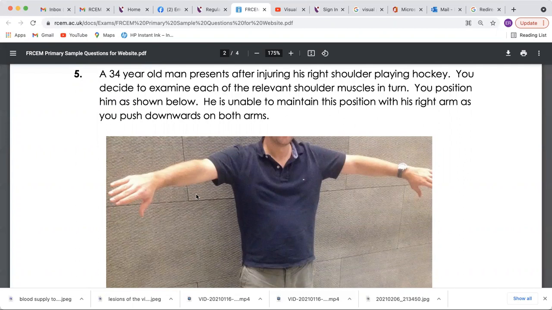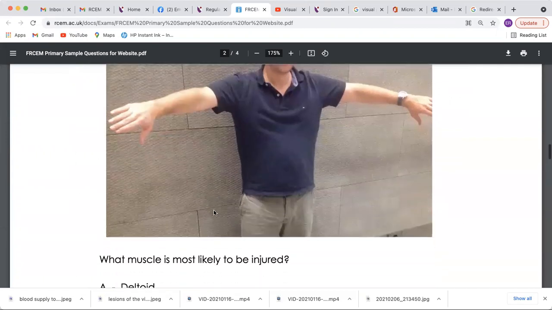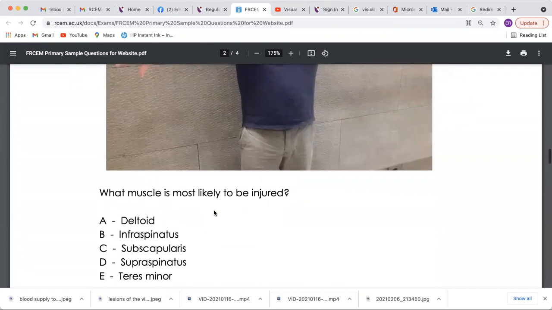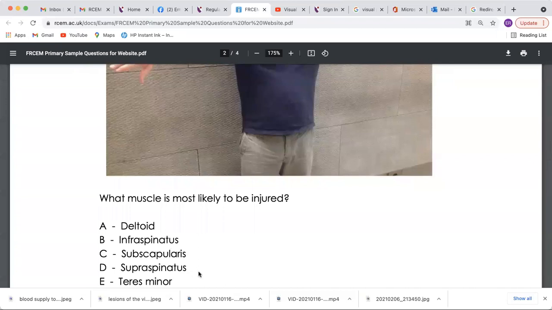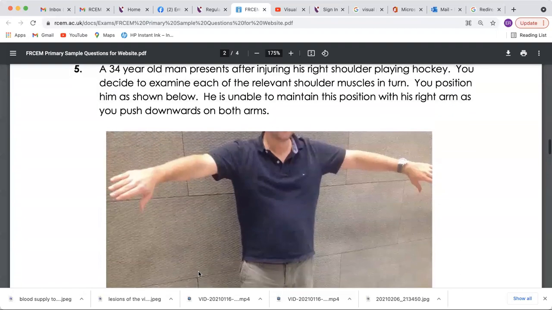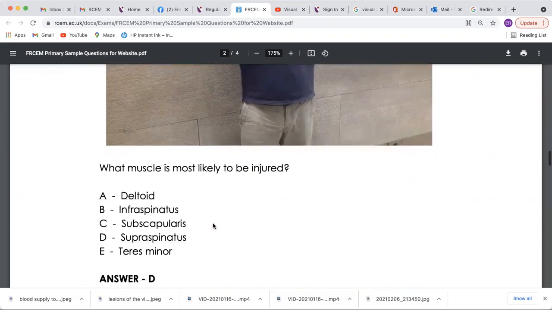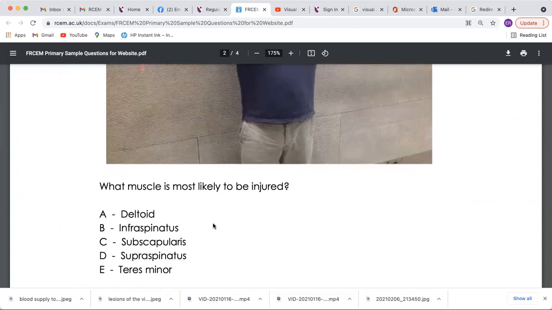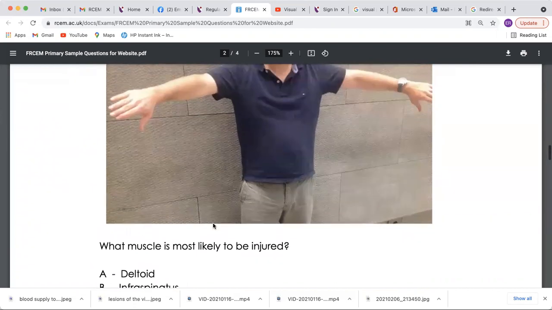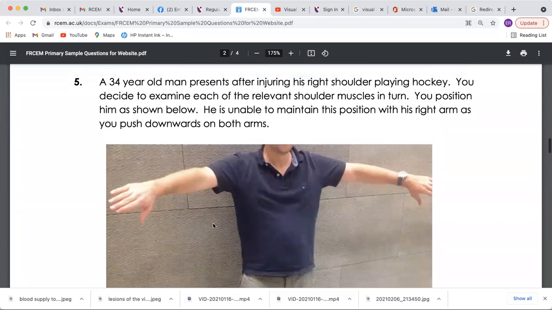If they can't resist your pressure, then the suspected lesion is a supraspinatus muscle tear. So weakness in this test, positive on downward pressure on the arms, might be positive for supraspinatus muscle tear. So we can only answer this if we know exactly what Jobe's test or empty can test is.